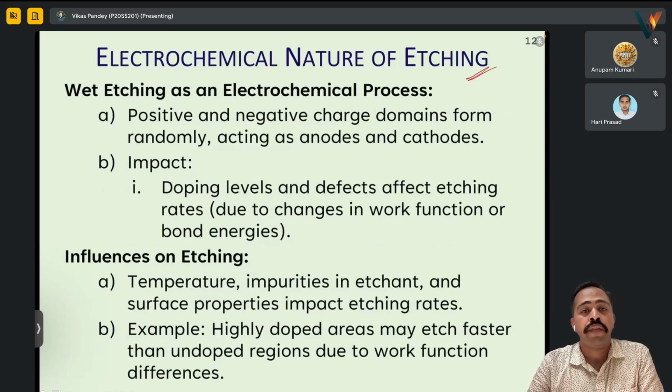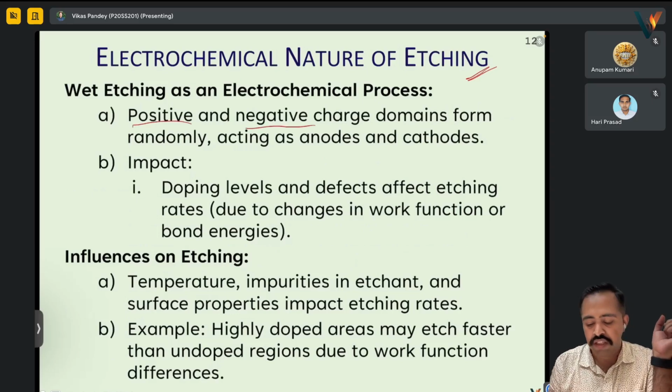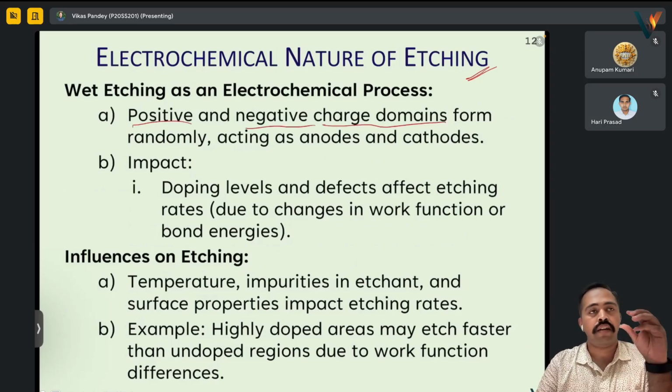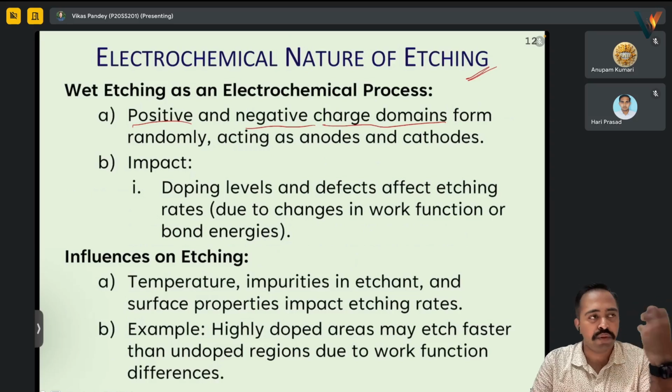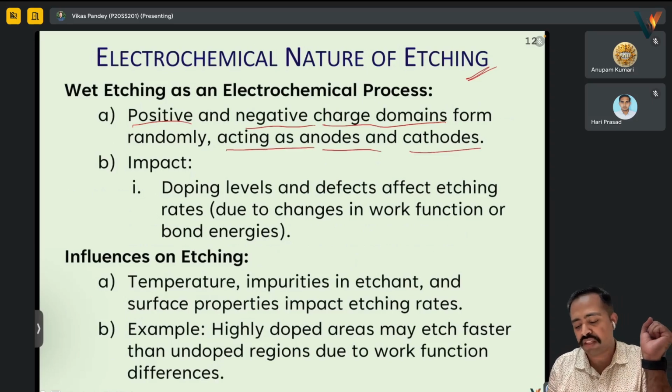Here in the process, positive and negative charge domains, like some clusters of positive charge and negative charge or ions, form randomly, and they act as anodes and cathodes.